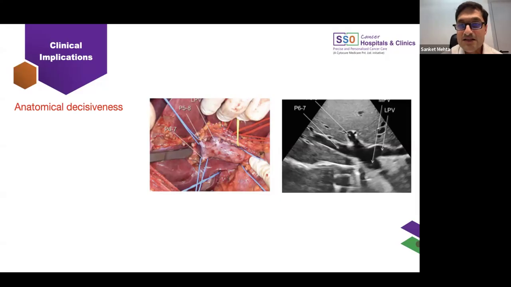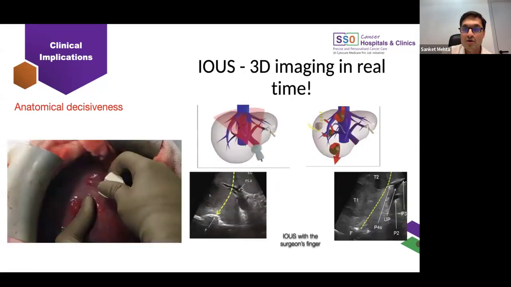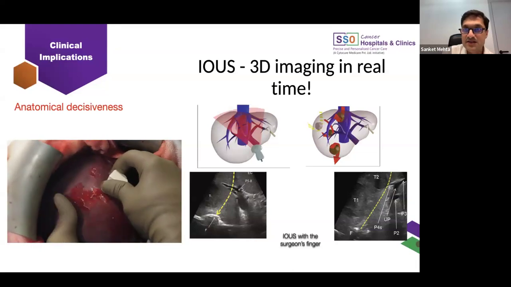This can be done by just placing the probe, which replicates the exact same anatomy as you can see out here. This gives us a lot of anatomical decisiveness of the location of the different structures and how to go about performing a parenchyma sparing surgery.